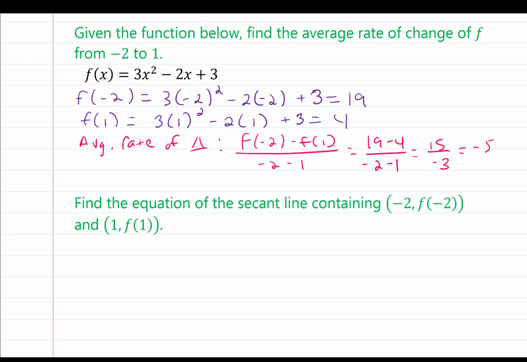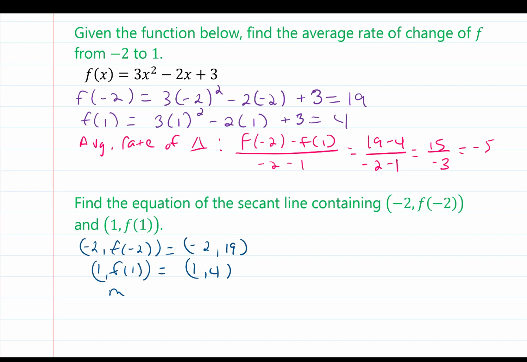Now you might be asked to find the equation of the secant line that's containing these 2 points. So it's worthwhile to first note that -2 comma f of -2 is really just -2 comma 19. And that 1 comma f of 1 is really just 1 comma 4.